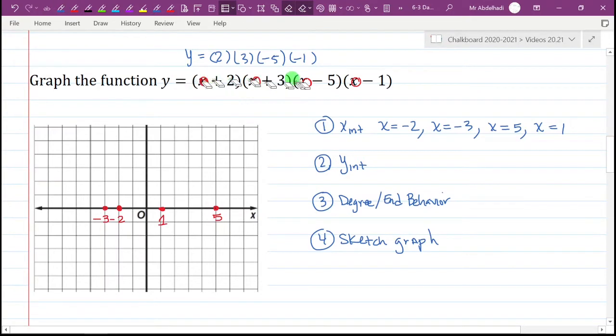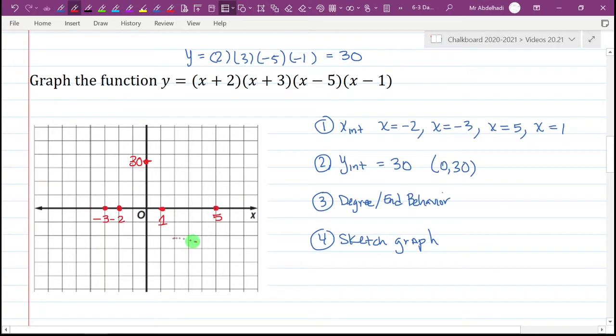And if that's the case, what's the y-intercept? 2 times 3 is 6, 6 times -5 is -30, and -30 times -1 is +30. So the y-intercept is 30, or (0, 30) written as a point, and that's going to be way off our graph. So we're going to fake it. We're just going to say, all right, let's say that's 30. Okay? We have to do this with these problems because all the y-intercepts are way off the graph.